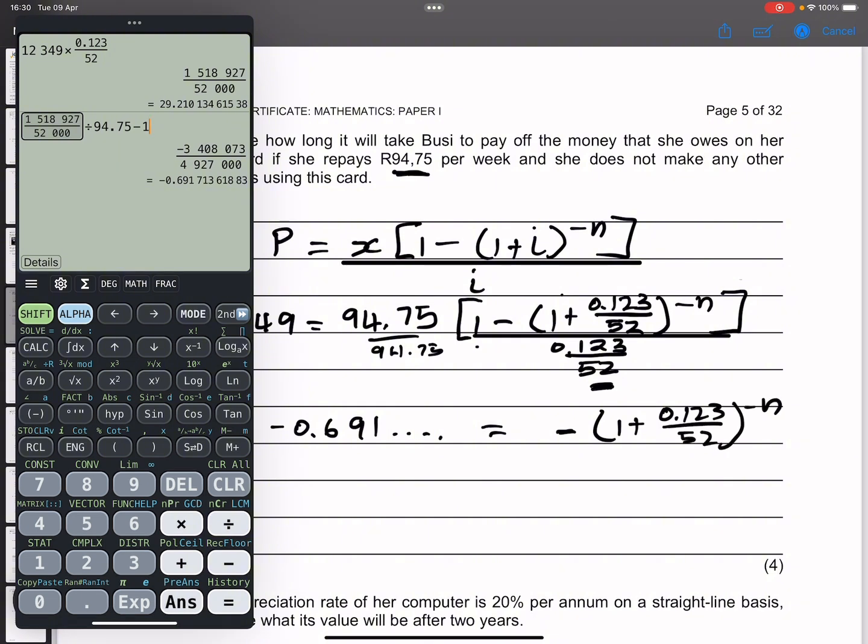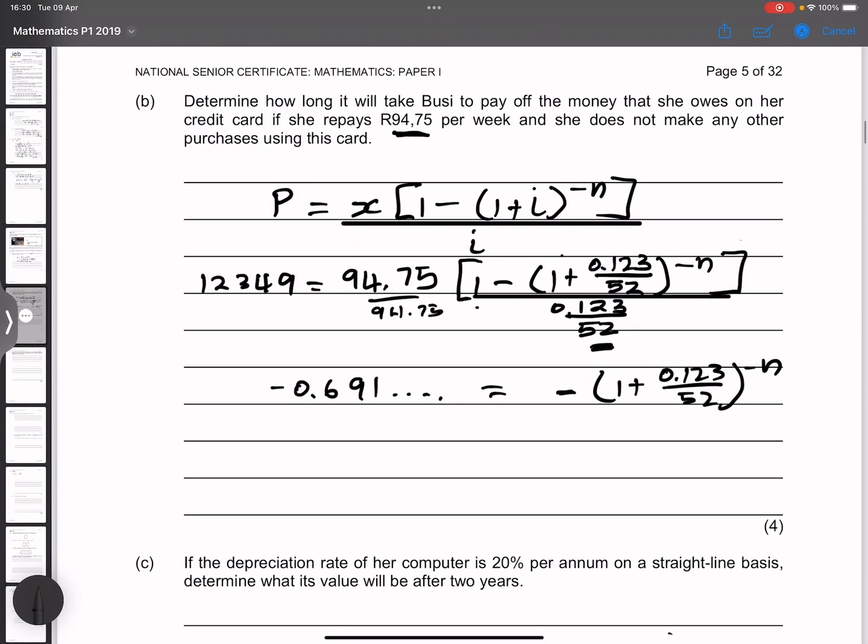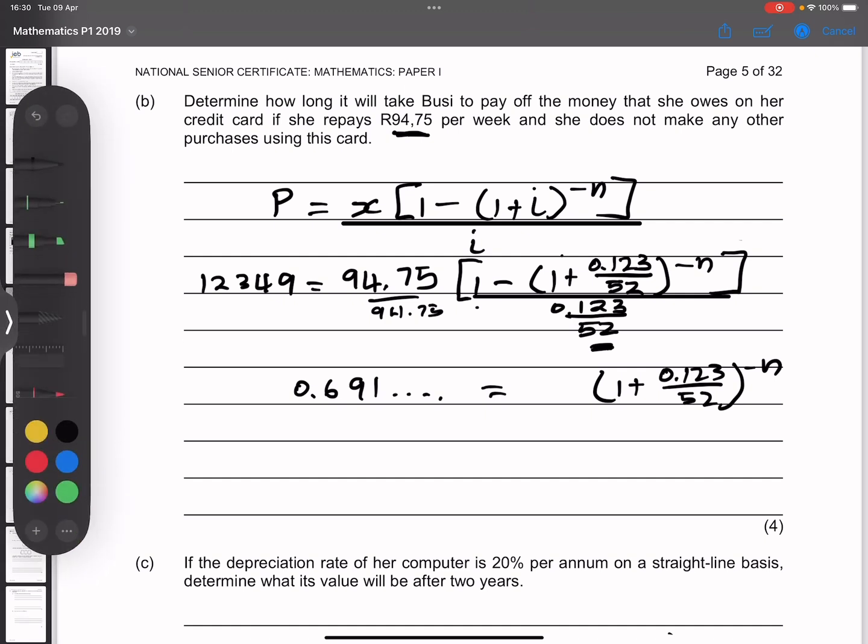Now, what do we do at this stage, ladies and gents? First of all, I'm going to multiply both sides by negative, so that gets rid of those negatives there. And what are we going to do? Introduce logarithms, right? So I'm going to introduce logs.